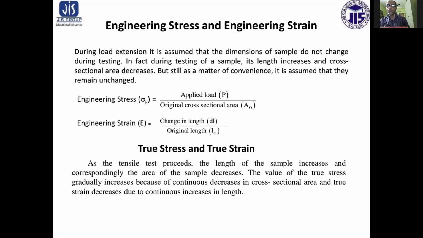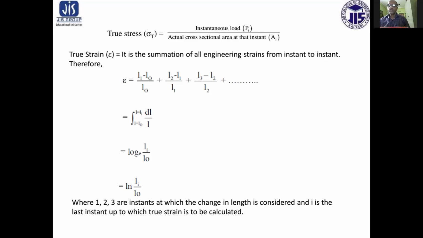The value of true stress gradually increases because of continuous decrease in cross-sectional area, and true strain increases due to continuous increase in length. So in actual cases, true stress is the instantaneous load by the actual cross-sectional area at that instant.